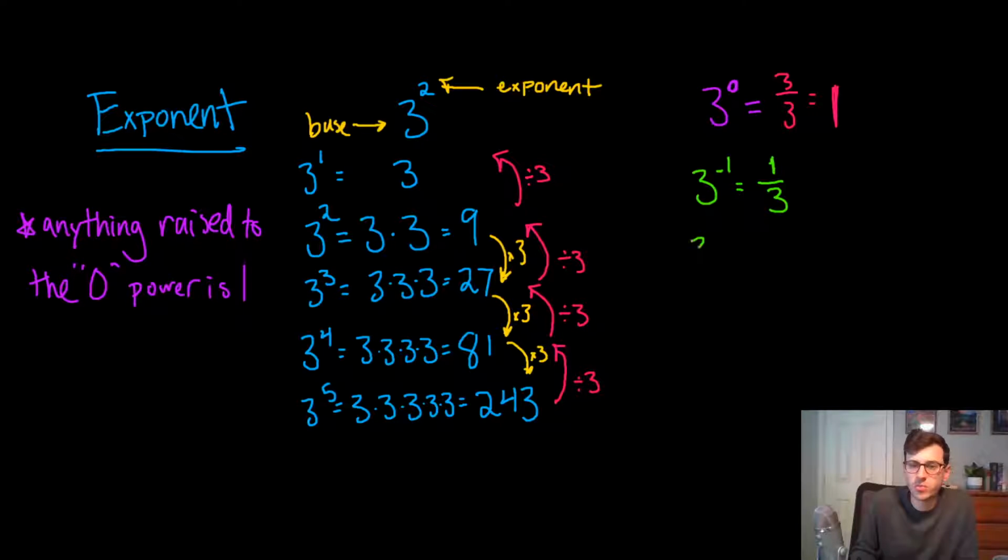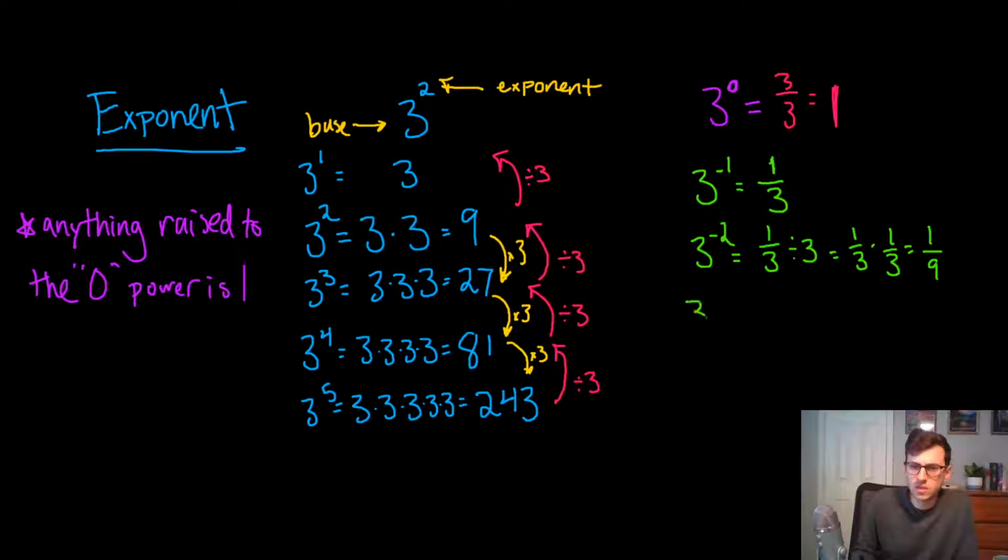Okay, what about 3 to the negative 2? Well, that would be 1/3 divided by 3. Dividing is like multiplying by what we call the reciprocal. So that would be like 1/3 times 1/3, or 1/9.